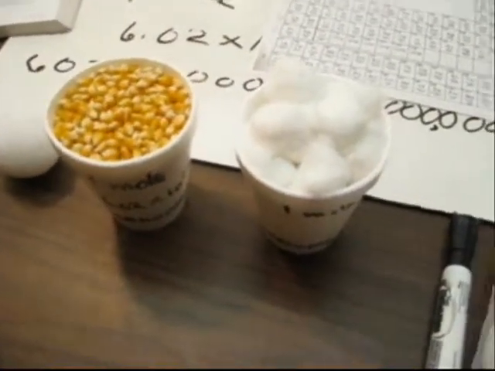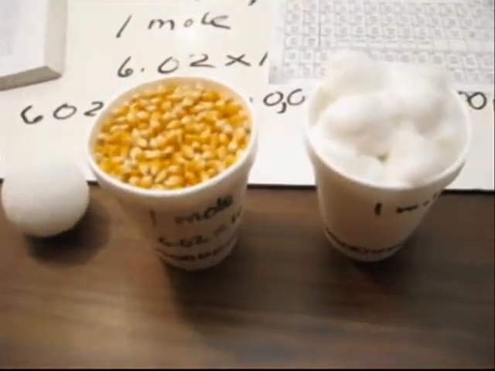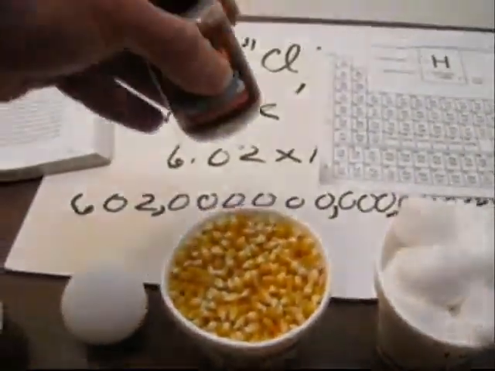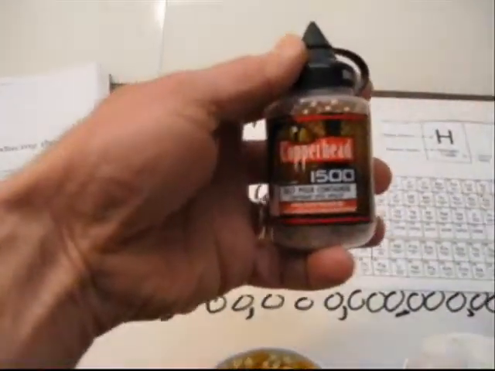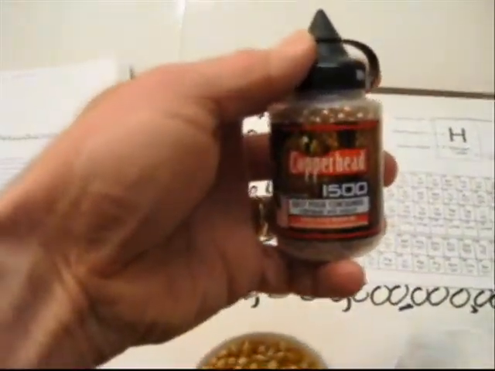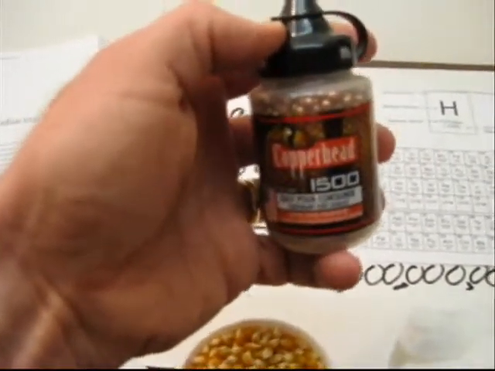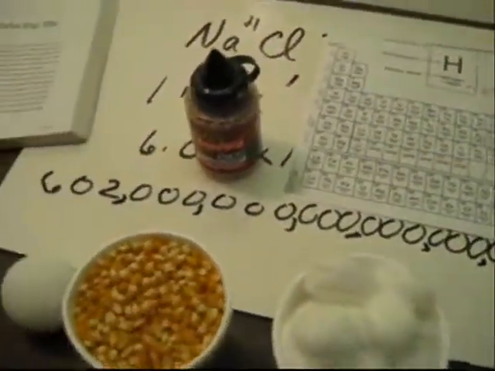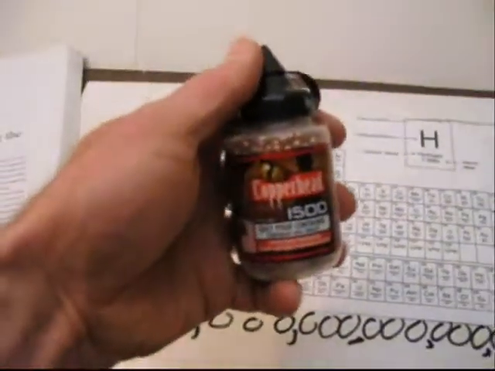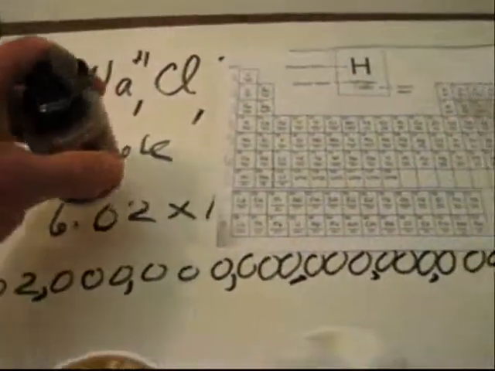Now to bring this a little more into a realistic perspective, I was able to find some BBs here. These are just copper coated BBs, but we can pretend that they are solid copper. If we were to get a mole of copper, you can ask your students, how many grams of copper would it take if I needed a mole of copper to make a compound?